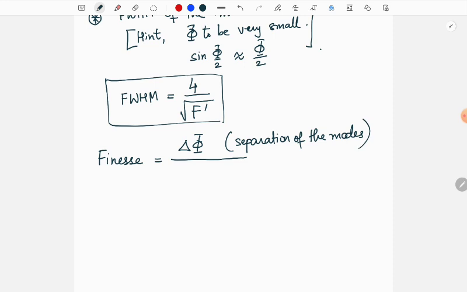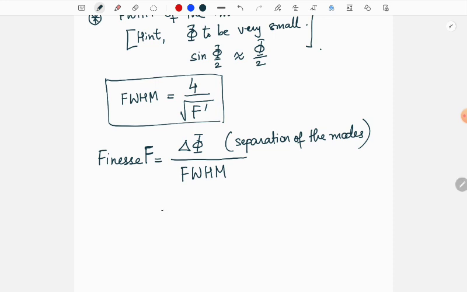We want them more separated, so the finesse, which we call capital F, is proportional to the separation. The higher the separation, the higher the finesse. And we want less FWHM, we want them to be very narrow. So practically, if the finesse is very high, these modes will be very distinct from one another. They will be narrow and well separated.